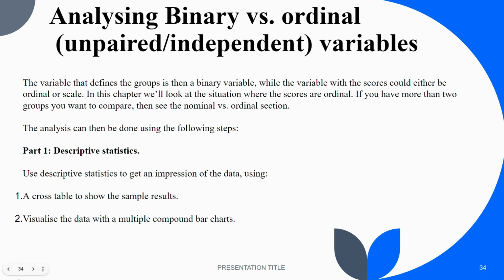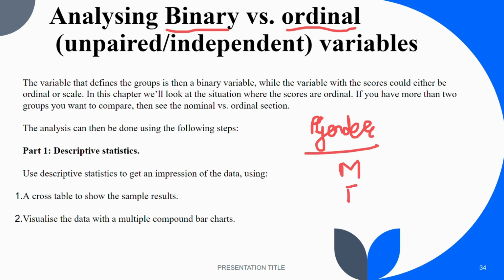In this video we will see how to perform hypothesis testing when we have two variables, one that is binary and another that is ordinal. Let us say that we have gender, a variable having only two possibilities, male and female, and one variable called salary scale, which has multiple possibilities.